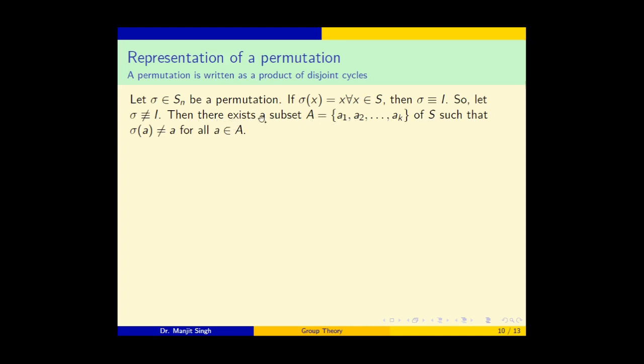So there exists an element a in S such that sigma(a) is different from a. Otherwise, it will be identity.